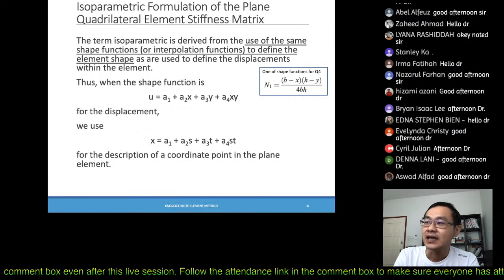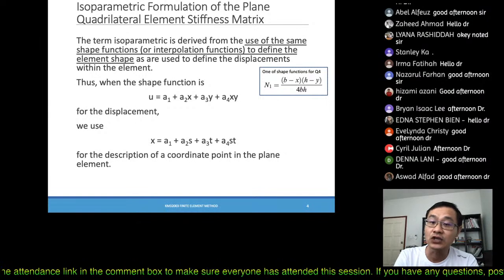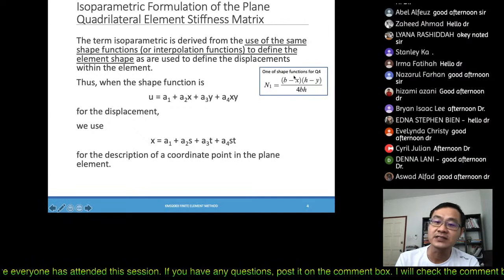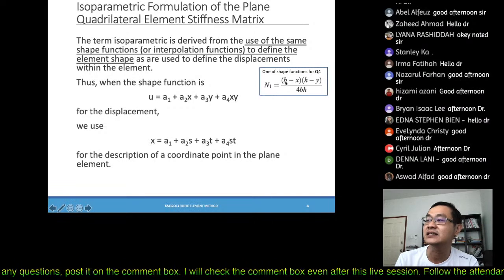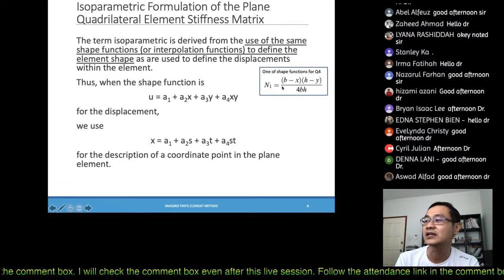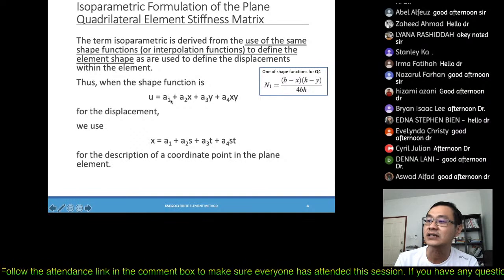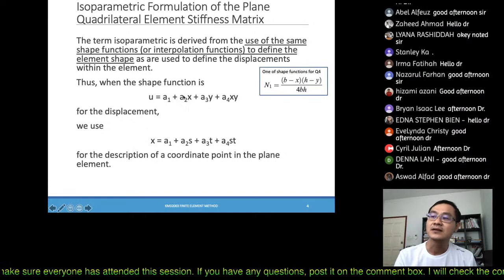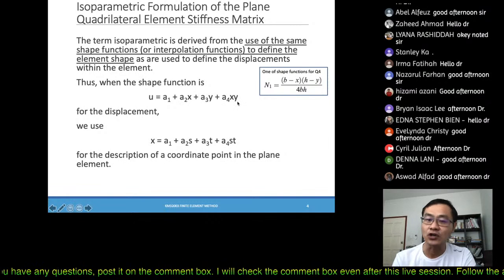As we see from the previous Q4 type of elements, one of the shape functions has this form. So indirectly it is a constant plus a constant times x plus a constant times y plus a constant times xy, sort of, right?